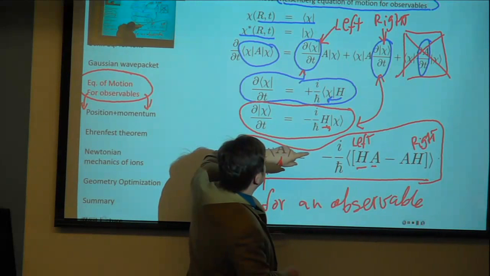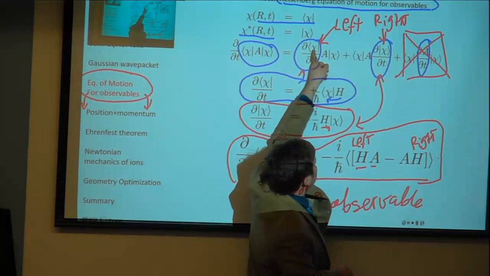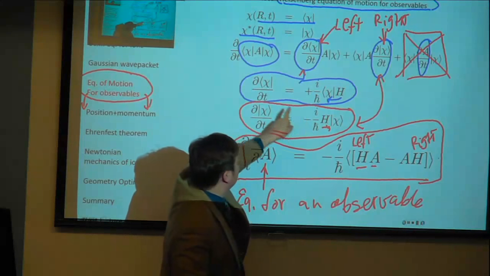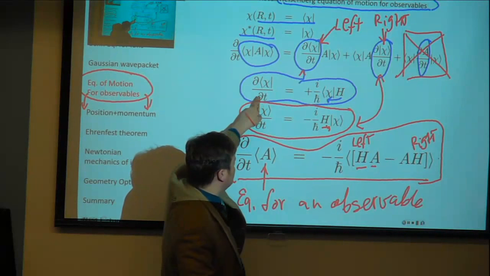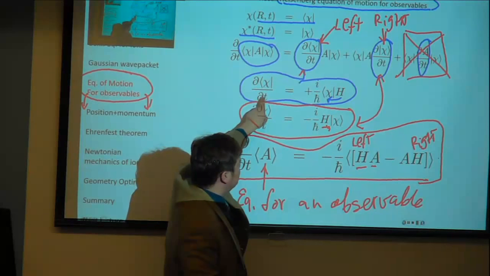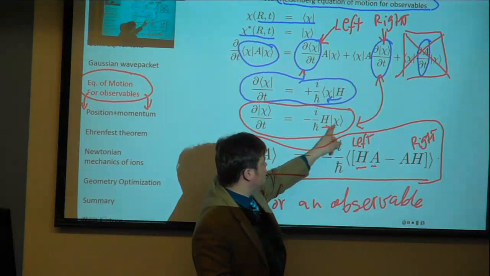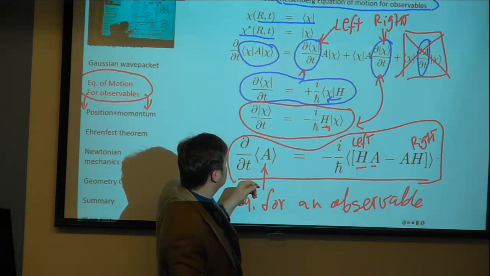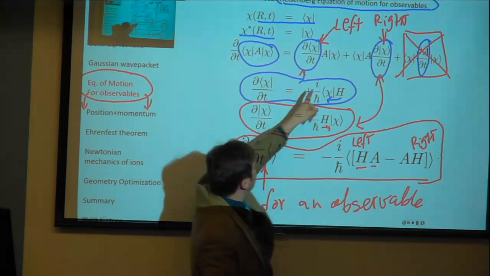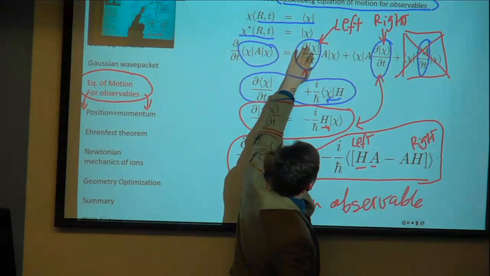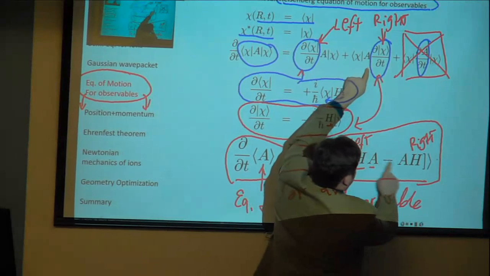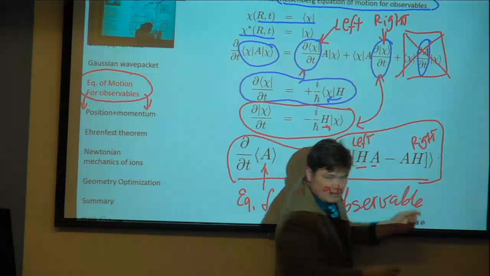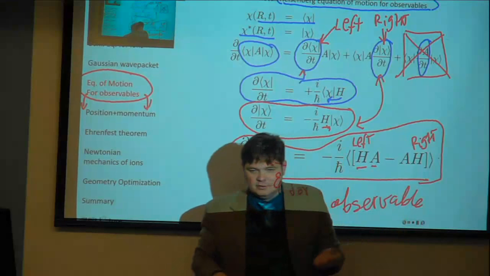You see that it includes differentiation of the left wave function, the right wave function, and the operator itself that we can drop. But the differentiation of either the left or right wave function is nothing but acting with the Hamiltonian operator on this wave function. And when you plug it in, you see that your operator, this stuff, is replaced by this stuff. This stuff is replaced by this one. And it looks almost the same, with the only difference that the operator, which for us will be position and momentum, and the Hamiltonian are in a different order.